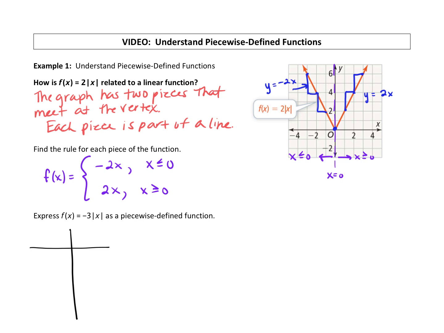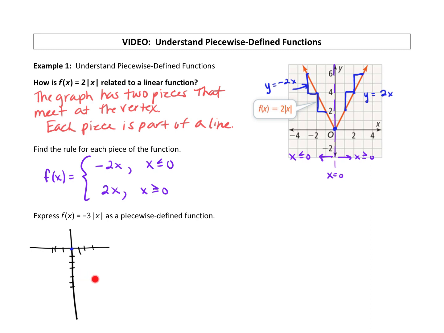We can use that -3, kind of treat it like slope. Our starting point is going to be at the origin, and then we can go down. I'm going to give myself some more dashes. So what we'll do is we will go down 3 because of the -3, down 3 to the right 1.